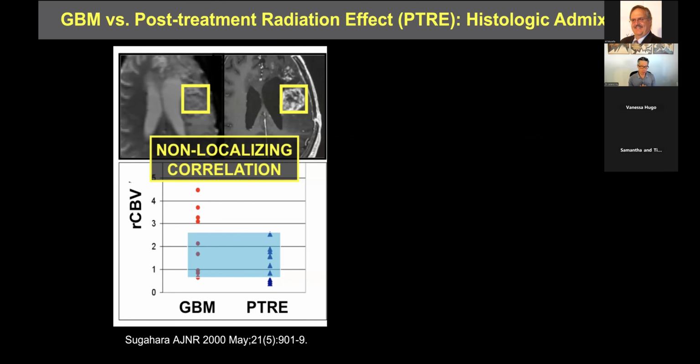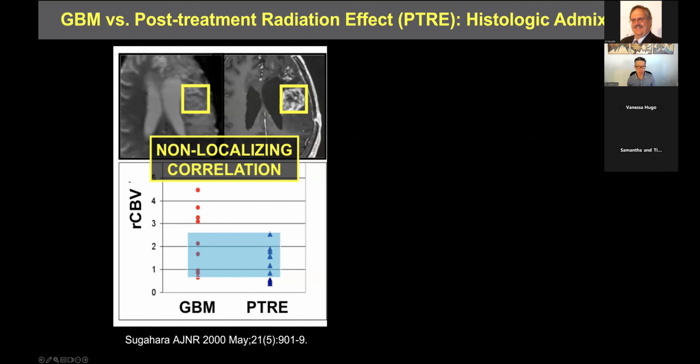And so this is a study that I've cited before. It was performed over 25 years ago, and up until recently, people were still pointing to the study to say whether DSC is helpful or not.